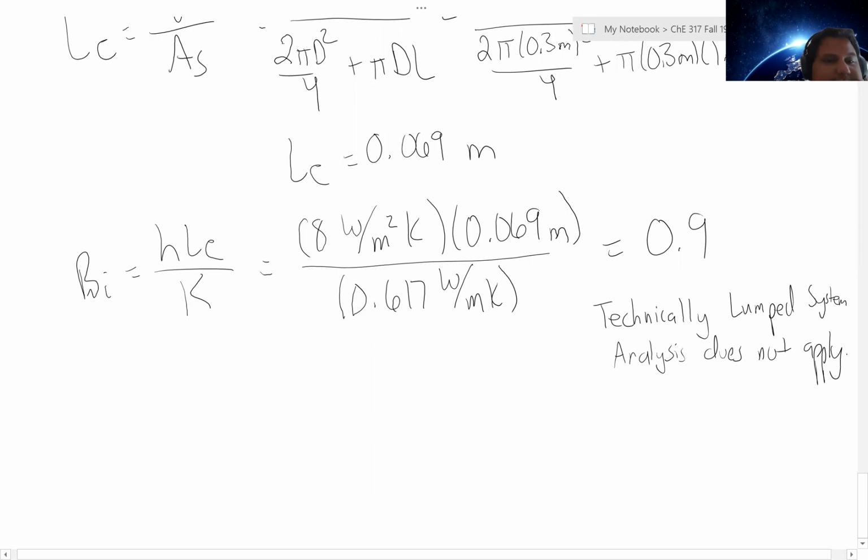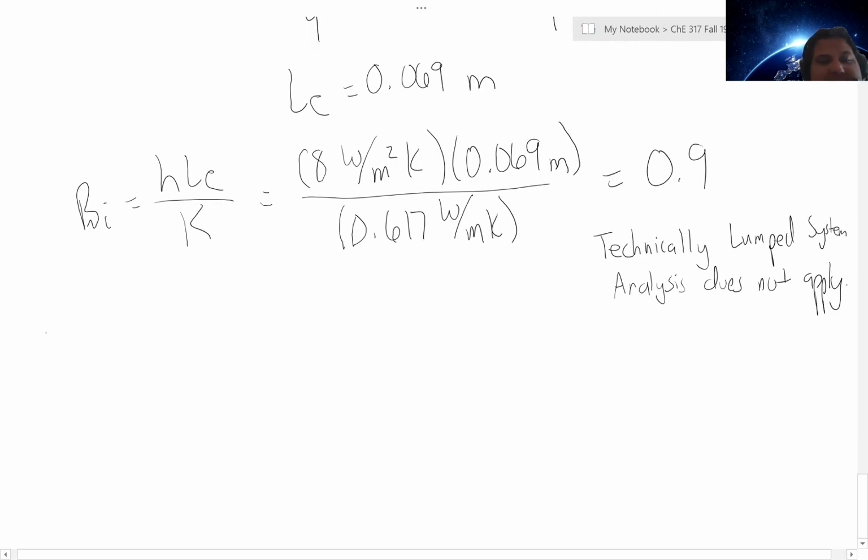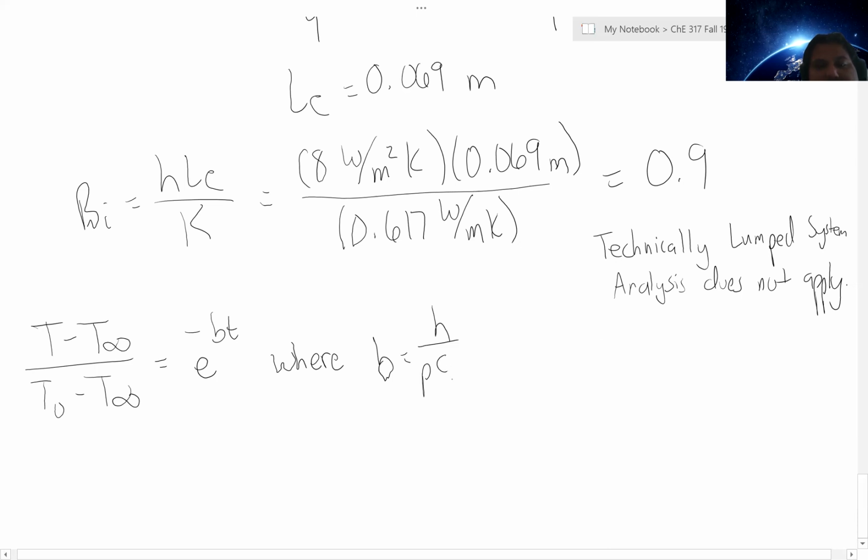So our LCA equation is (T minus T infinity) over (T naught minus T infinity) equals e to the negative B times t, where B is equal to h over rho Cp L_c. I'm going to approximate this person as water. He's mostly water.